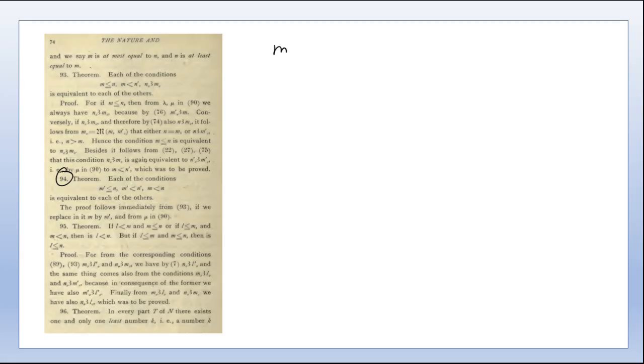Okay, so in 93 we've got m is less than n primed, so we replace m with n primed. So we know that these two are equivalent, and from mu in 90.